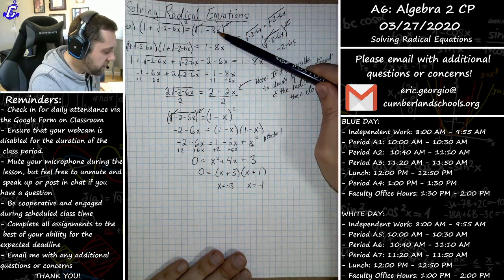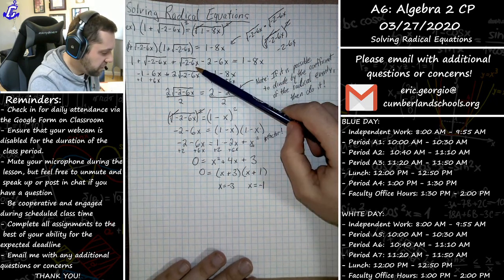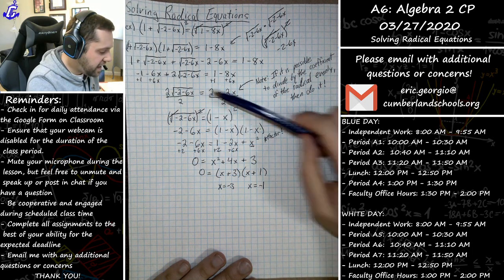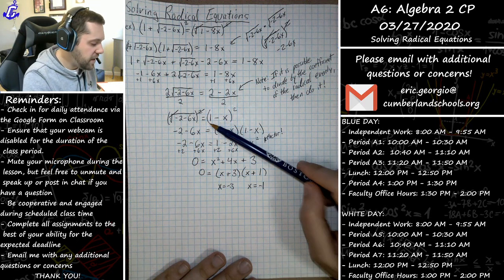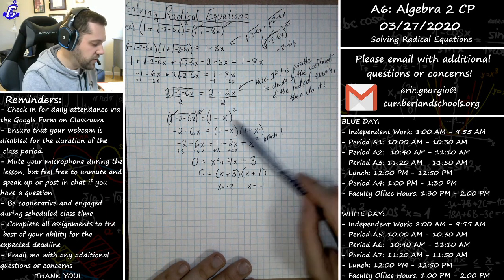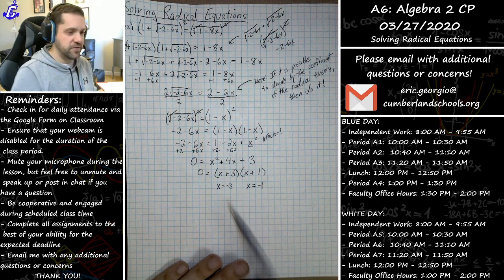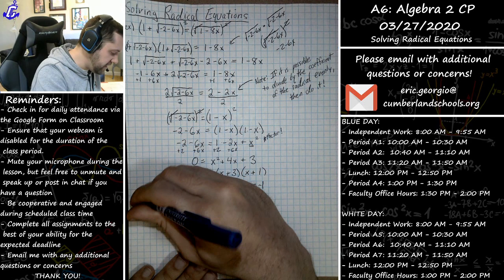It's squaring both sides, distributing with a radical, which we've done problems like that before, combining like terms, isolating the radical, just dividing if necessary, and then we get down to a familiar problem that we worked with yesterday. I would square both sides, distribute on the right, combine like terms to set up to factor, and do some factoring at the end. All right, let's do our last final check for extraneous solutions.